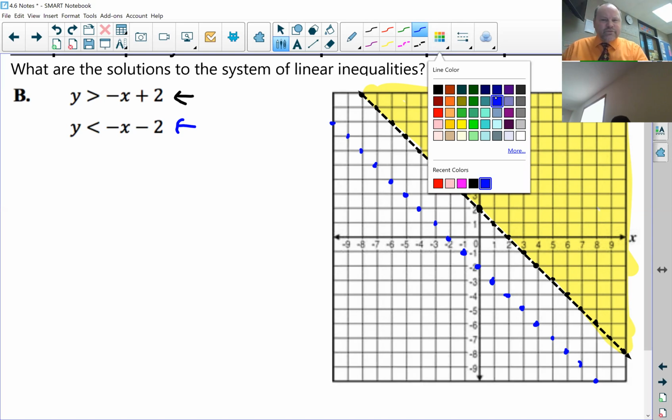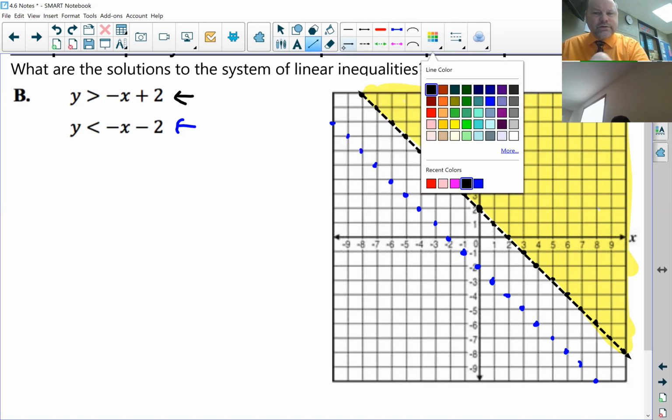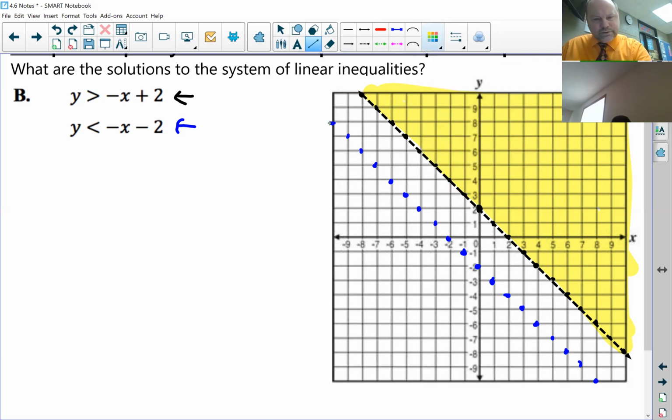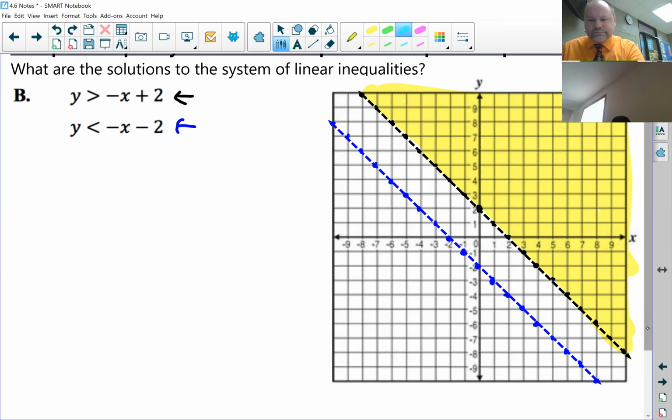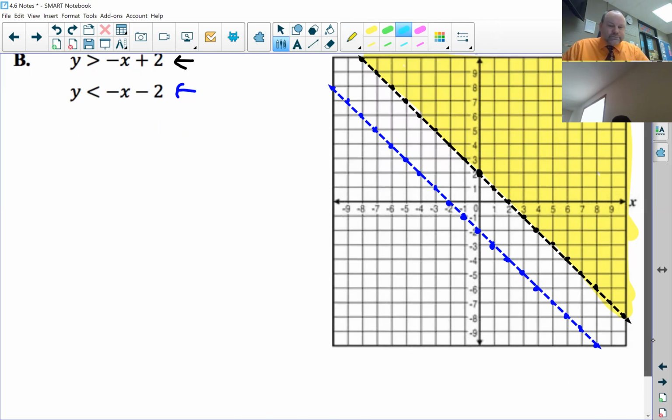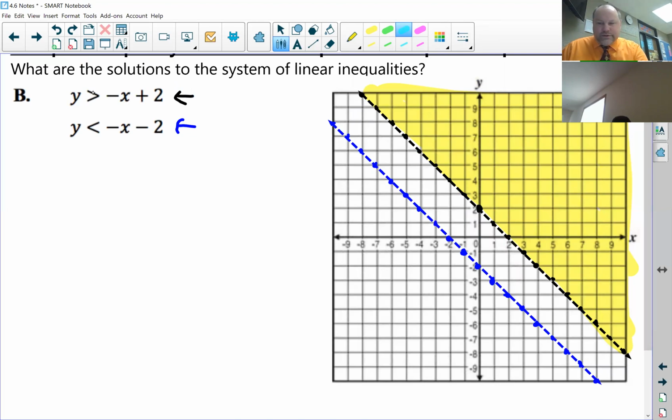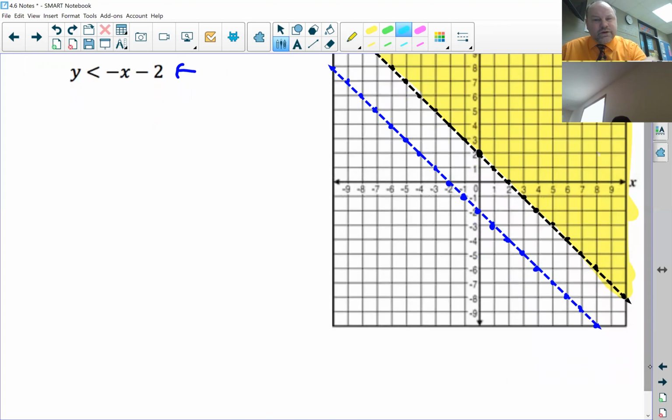And am I going to shade above or below? The inequality is less than, so I'm going to shade below.